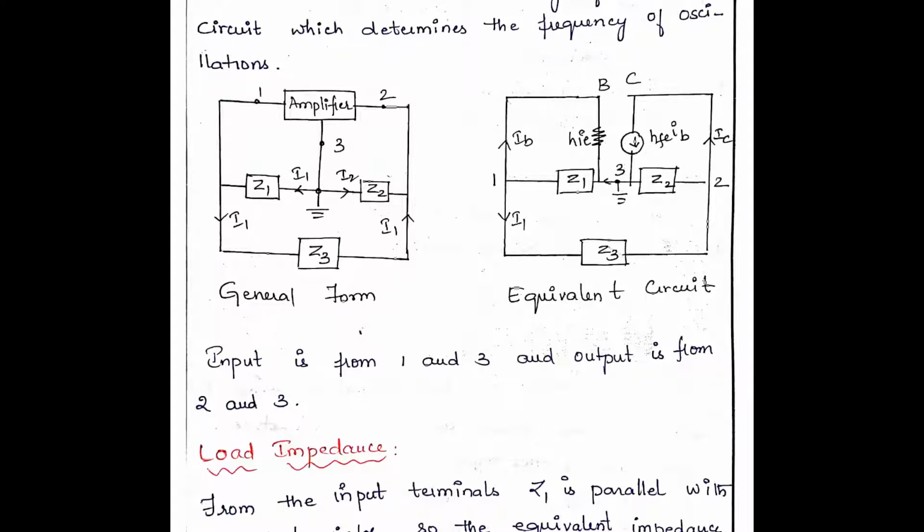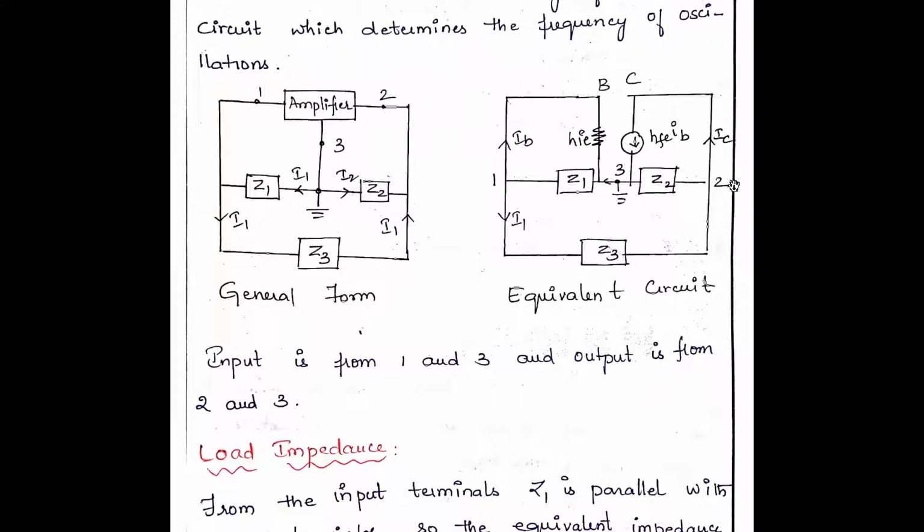The minus hfe IB which now comes here flows through the entire ZL, although it is dividing between Z2 and Z3. However, when we consider ZL as a whole, the four together is ZL.